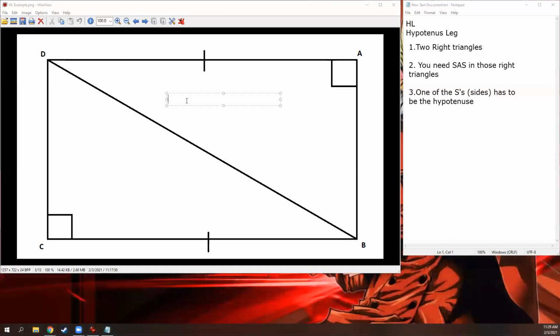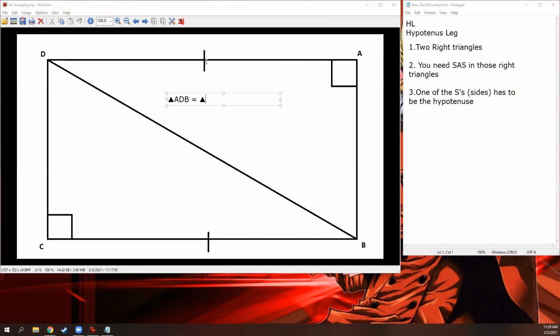So triangle ADB is, normally I would put congruent here, but my keyboard special functions, like how I typed out that triangle, don't type out the congruency symbol, but congruency is just equals with a little squiggly line on it. It's like super equals. I don't know, they wanted to be special, so they made it special. But we've got triangle ADB, so we need to be in the same order on the other triangle.